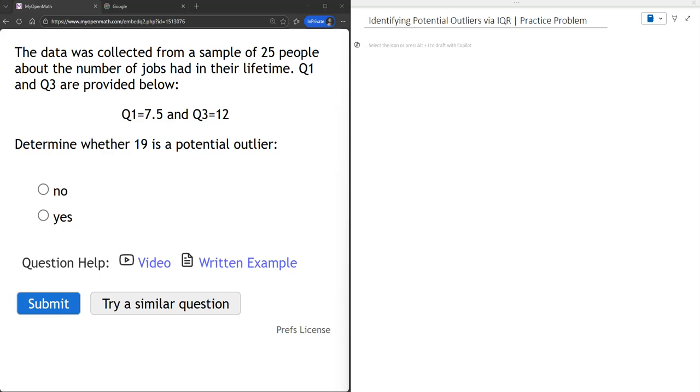In this tutorial, I'm going to show you how to identify potential outliers by using the quartiles in general and IQR as an intermediate step. But first of all, I want to remind you that this is an alternative way to the definition of an outlier as anything that is more than 3 standard deviations away from the mean.